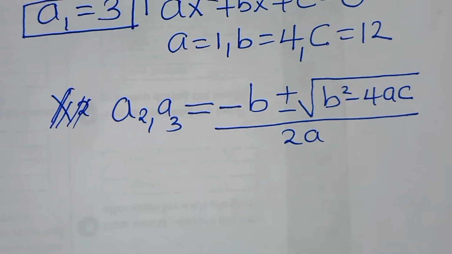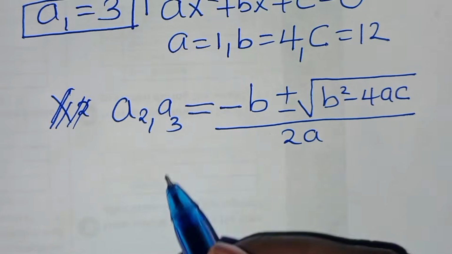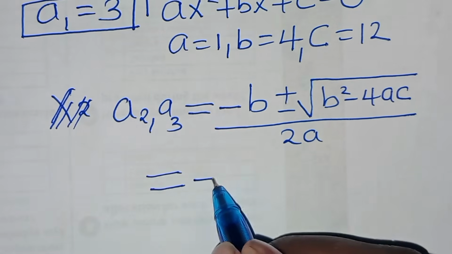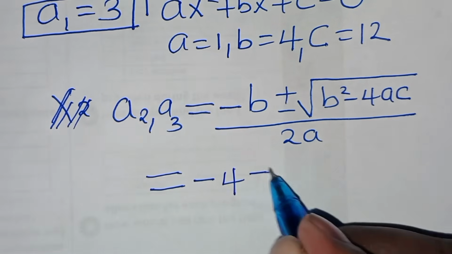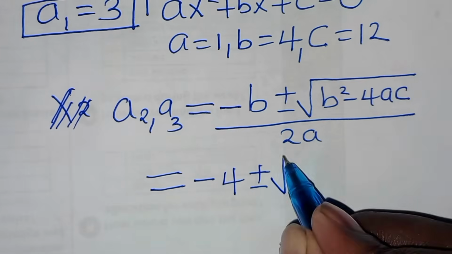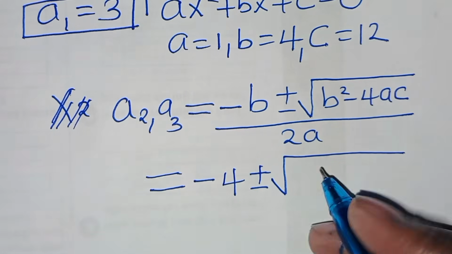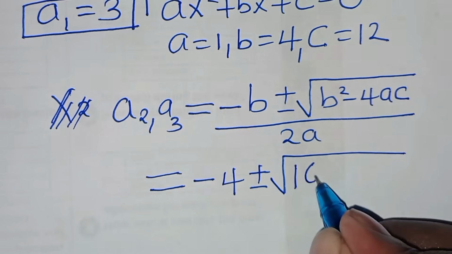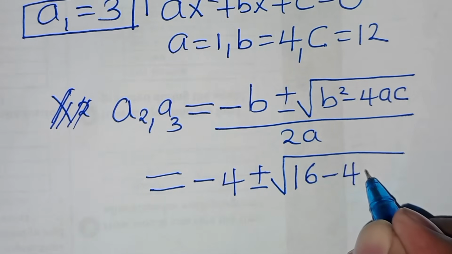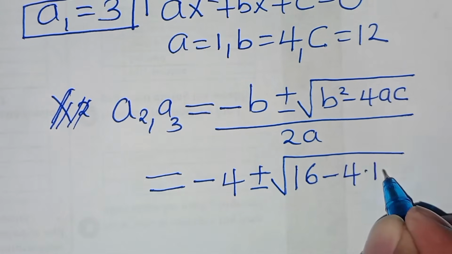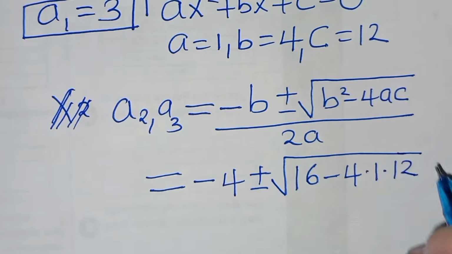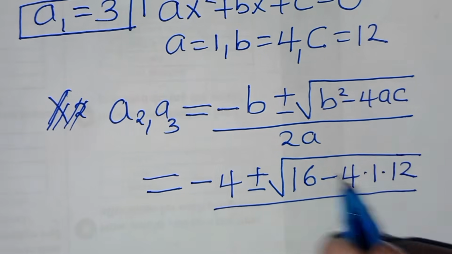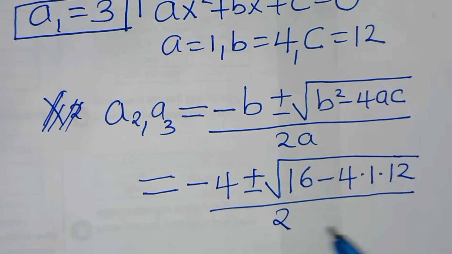Let's substitute the values of a, b, and c. Here we have minus 4 plus or minus the square root of 4 squared, which is 16, minus 4 times a, which is 1, times c, which is 12, all divided by 2 times 1, which is 2.